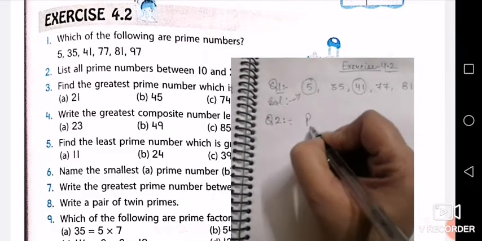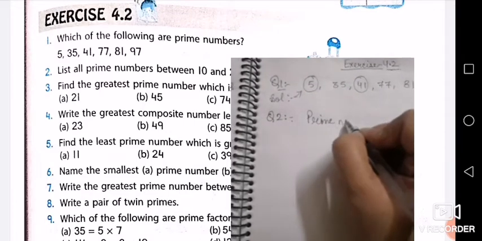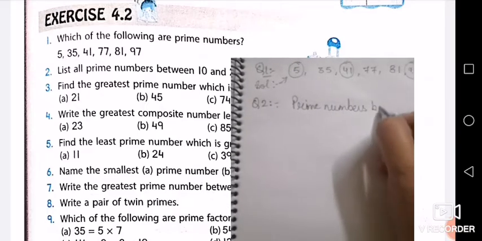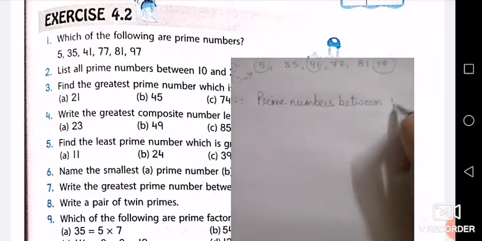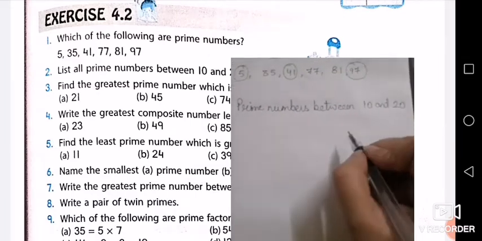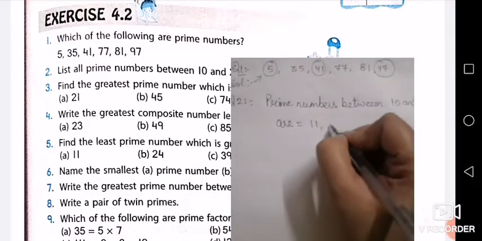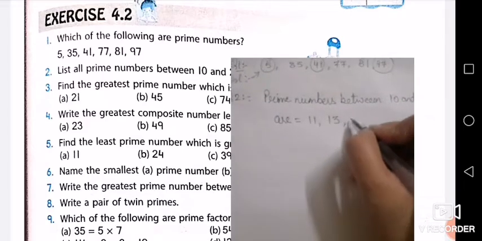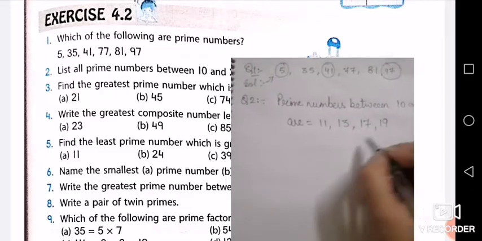Prime numbers between 10 and 20 are 11, 13, then yes, correct, 17, and then last is 19.